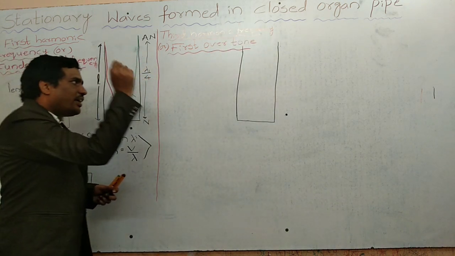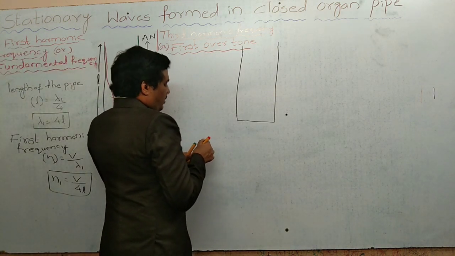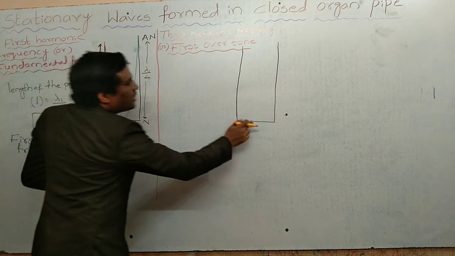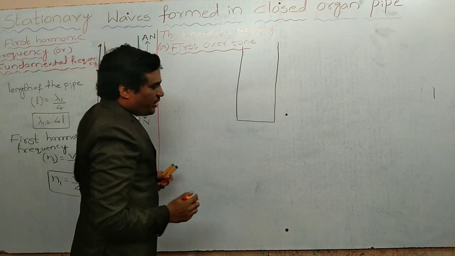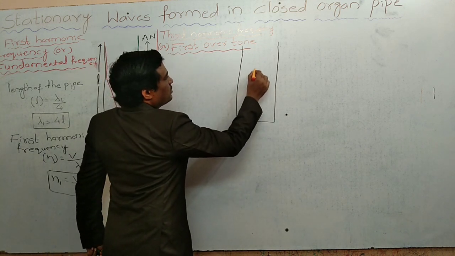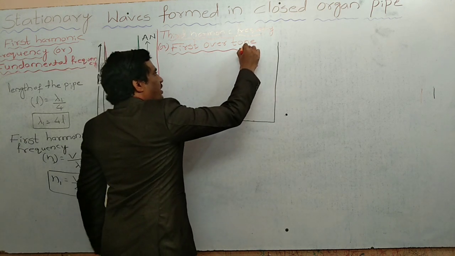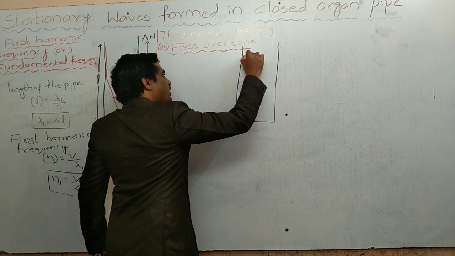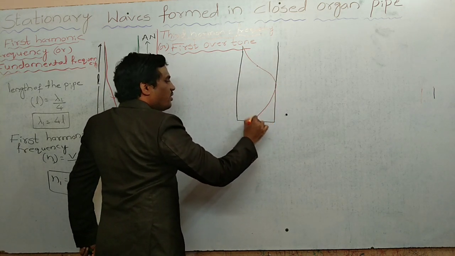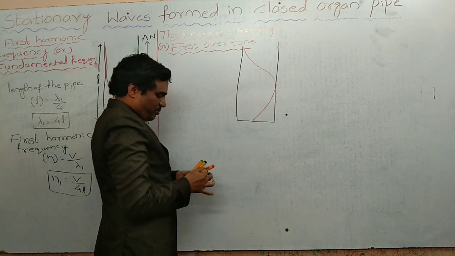Again we have to send one sound wave into the pipe. In the previous case it consisted of one node and one antinode. In this case it consists of two nodes and two antinodes. So one node should be at the closed end, and suppose another node is here. Now there is an incident wave, and the reflected wave travels in the opposite direction.